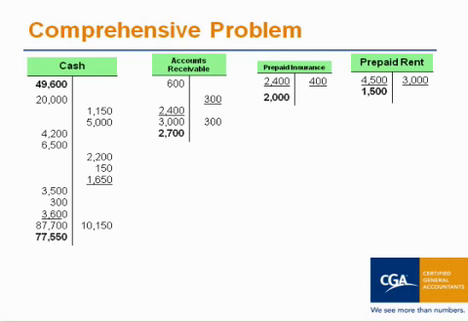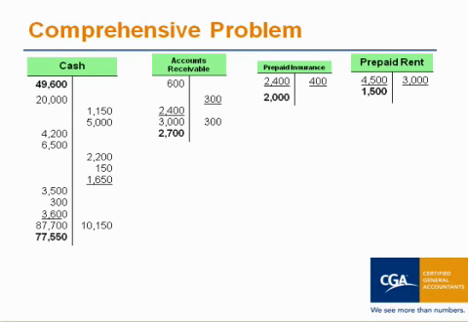The difference between the debit balance of $3,000 and $300 credit balance gives us the summary amount debit for accounts receivable, $2,700. For prepaid insurance, we had a total of $2,400 on the debit side and $400 on the credit side. And the difference between the two leaves us a debit balance of $2,000.